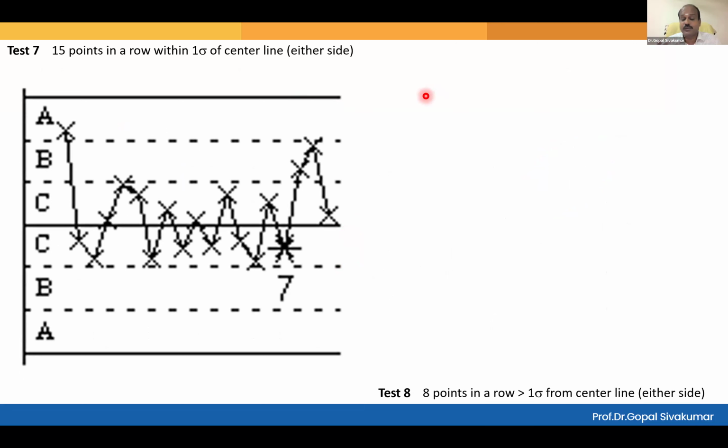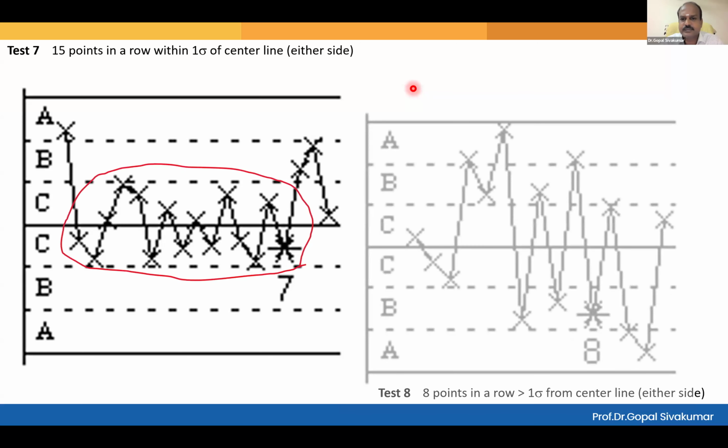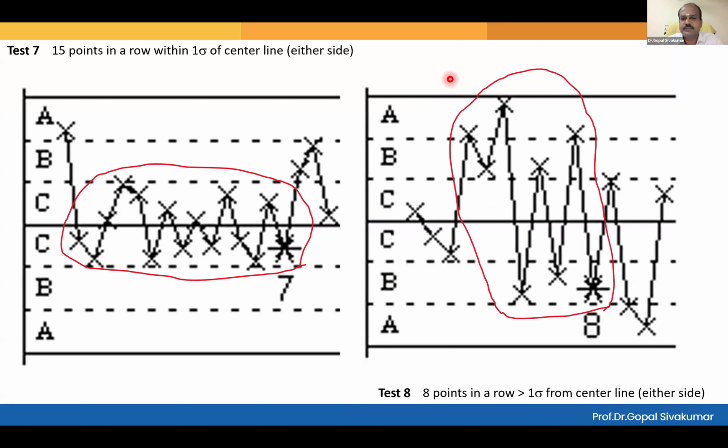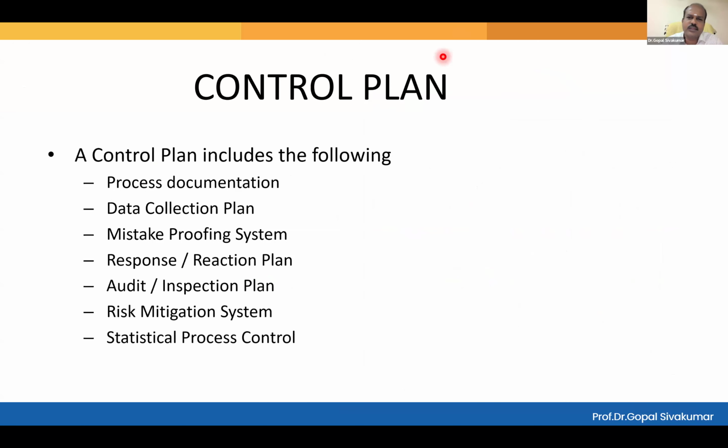But currently it is coming under the category of special cause. So this is again, what is the reason here? What is written here? 8 points in a row above 1 sigma. So nothing is falling close to the center line. So these are all various special causes.